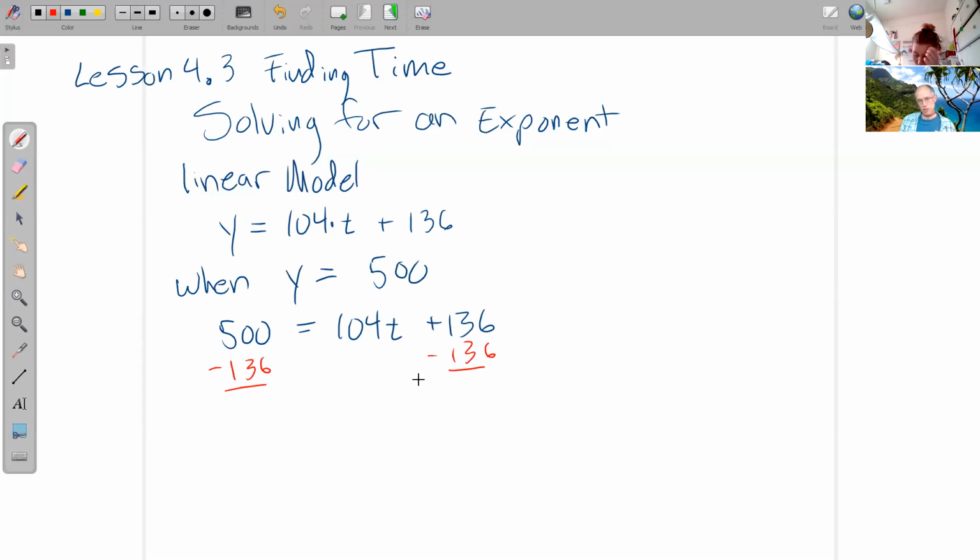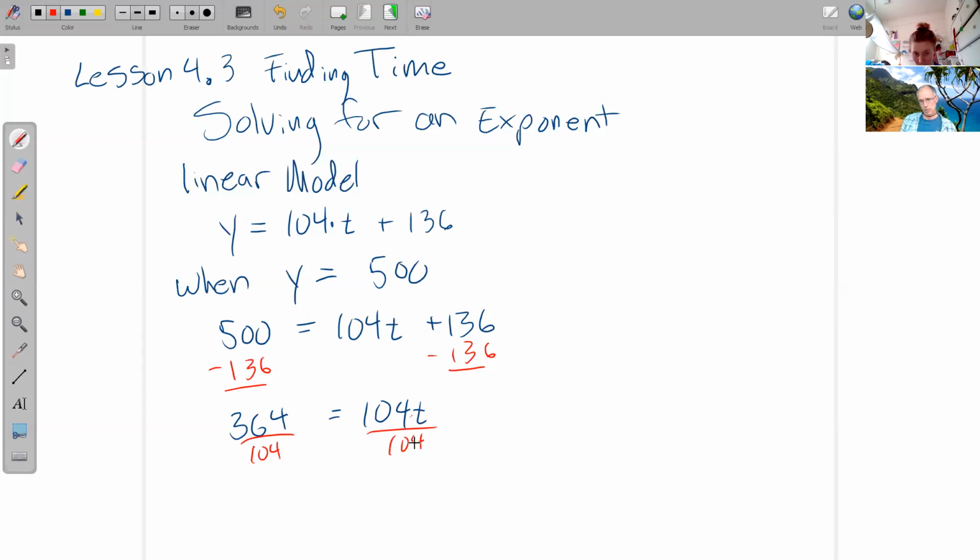And plus 136 minus 136 is 0, so that's gone. So I just, on the right here, have 104t. On the other side, I got to finish that subtraction. So what's that going to give me? 364, I think, if my calculator brain is working today. Yeah, that looks right. And then the last step would be to break this multiplication right here by dividing by 104.